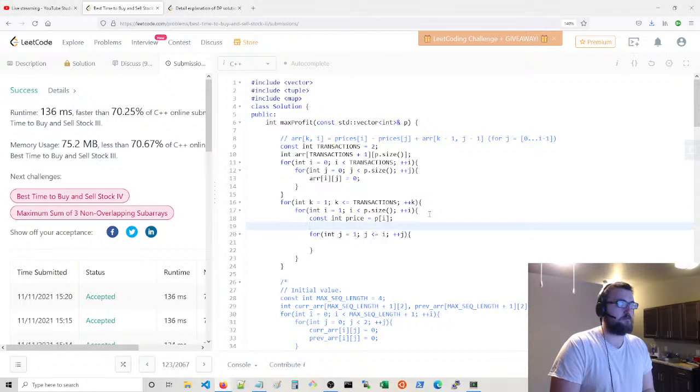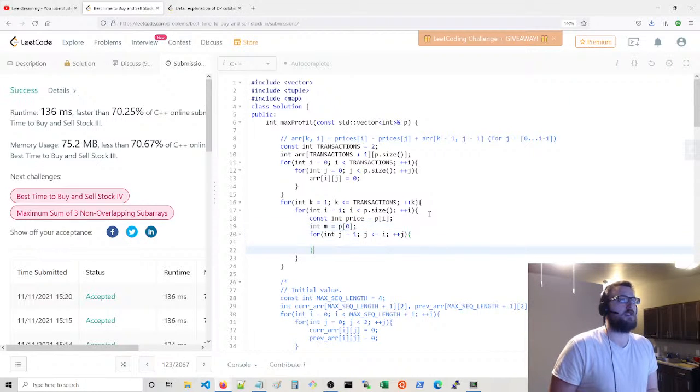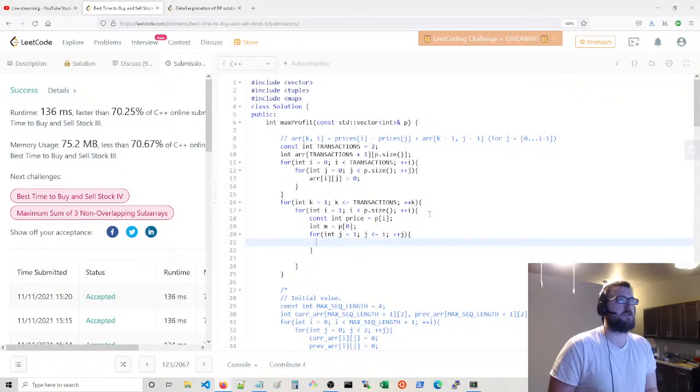So we would say min equal, or m we'll say, is going to be p of 0. And then we said, so we're going to say m is equal to minimum of itself, and there's a thing he does here.